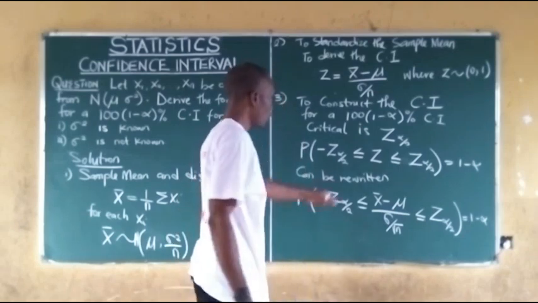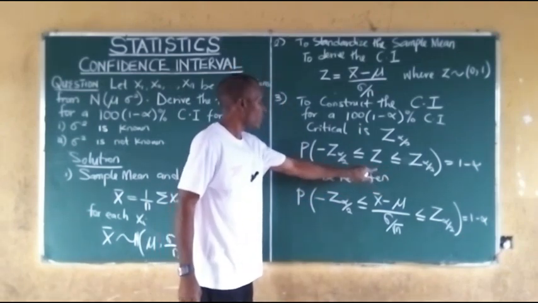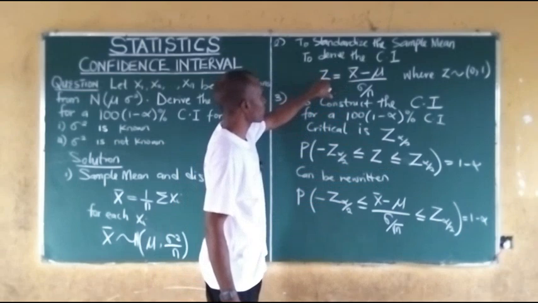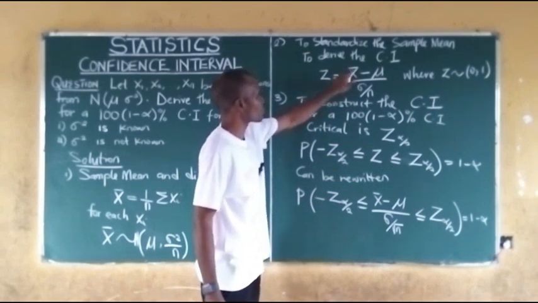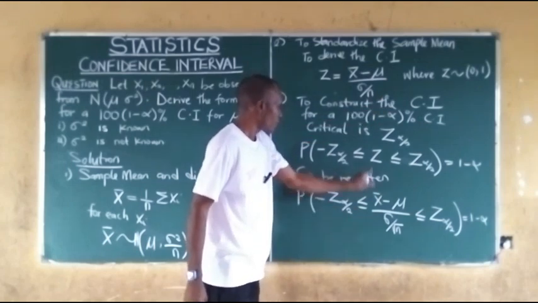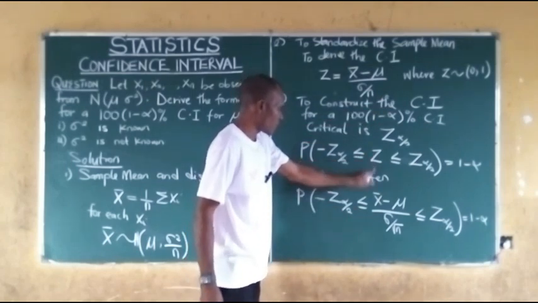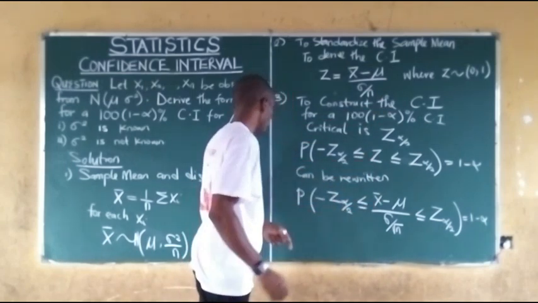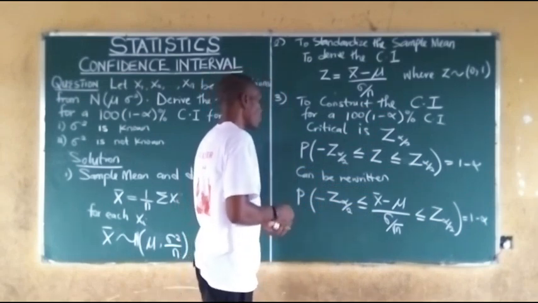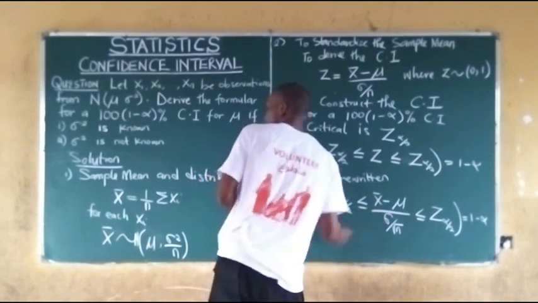Nothing has changed, because this is our sample mean, which we want to use in deriving the confidence interval, and this z is also equal to this.